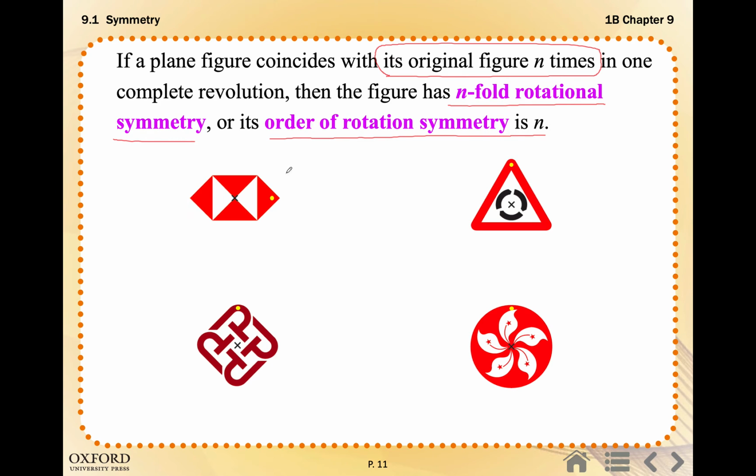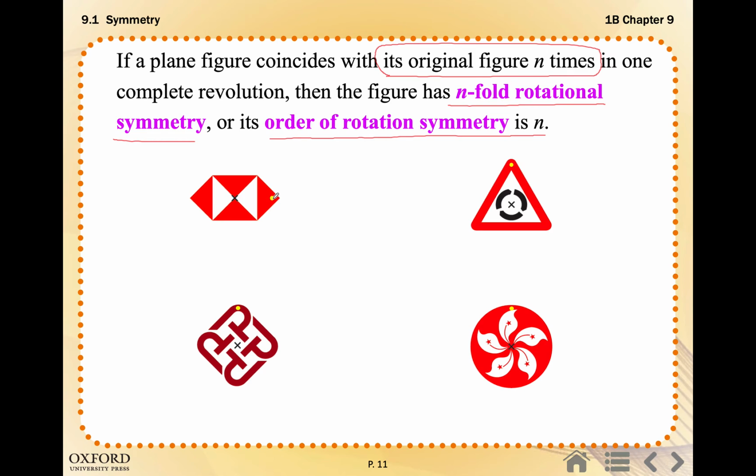So let's look at the first figure here. For this figure, you can count in one complete revolution, 360 degrees. When you are rotating it, the yellow dot moves here, and then the original figure appears once, and then it goes back to the original.